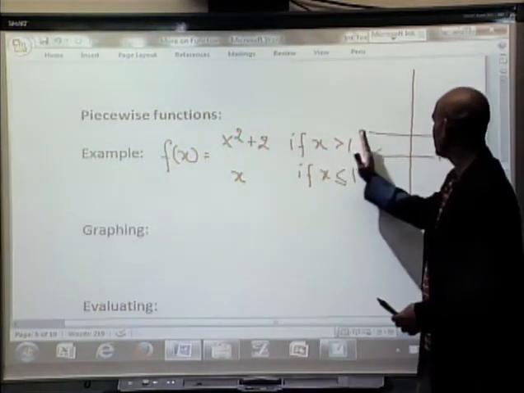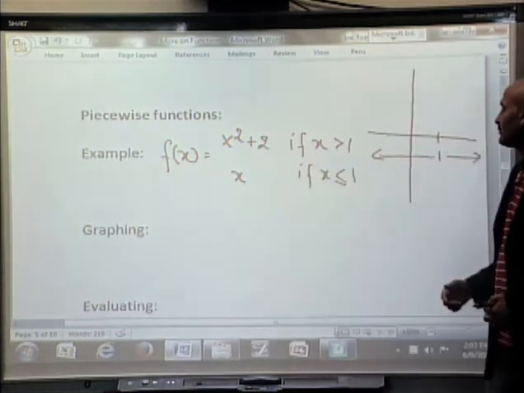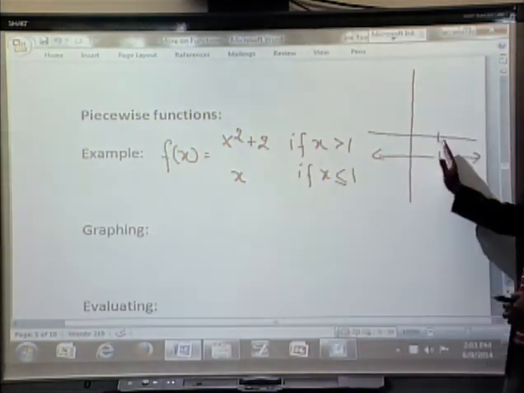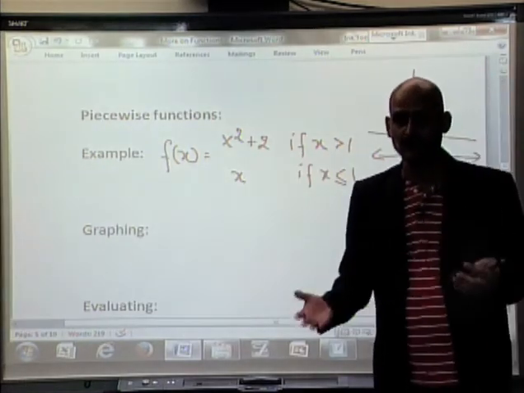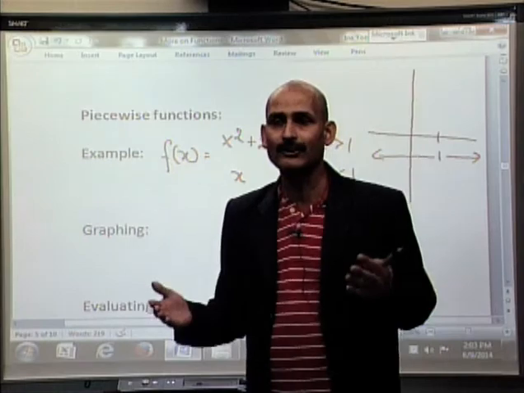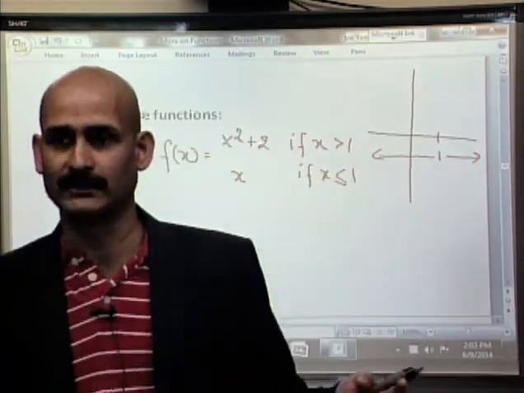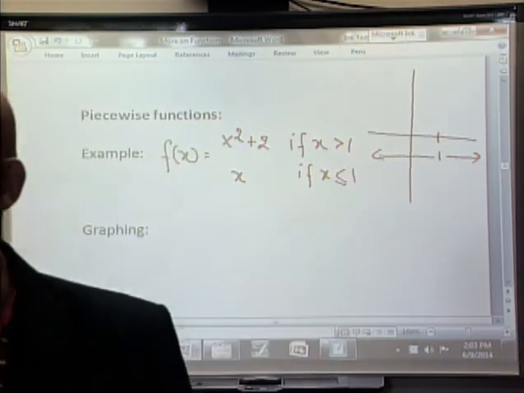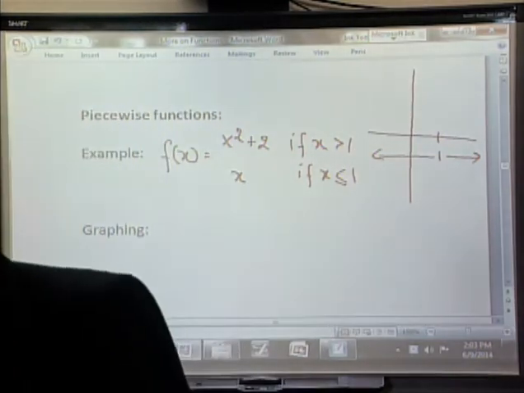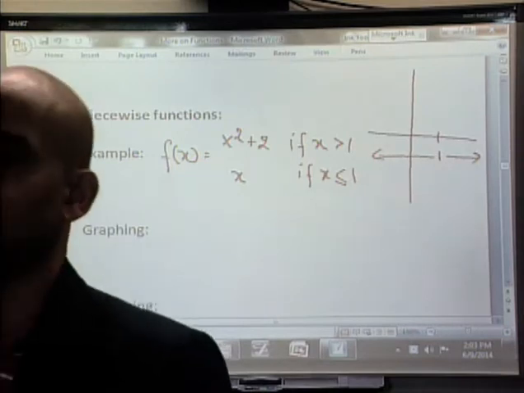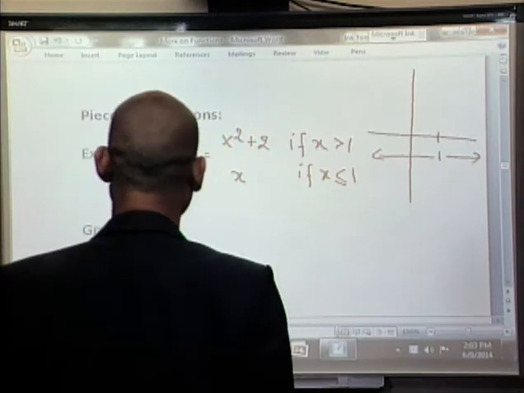So, on this piece of the domain, the formula is x, and on this piece of the domain the formula is x square plus 2. Basically the formula changes depending on the location. If the formula changes depending on the location, we call them piecewise function. So, this is an example of a piecewise function.